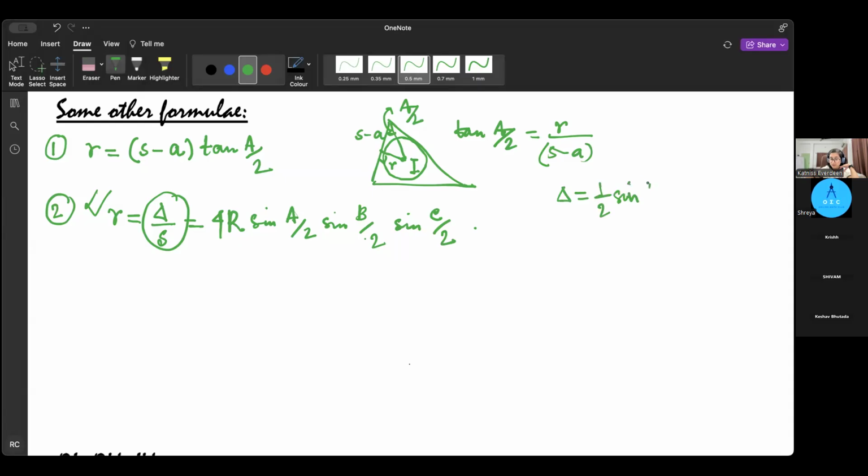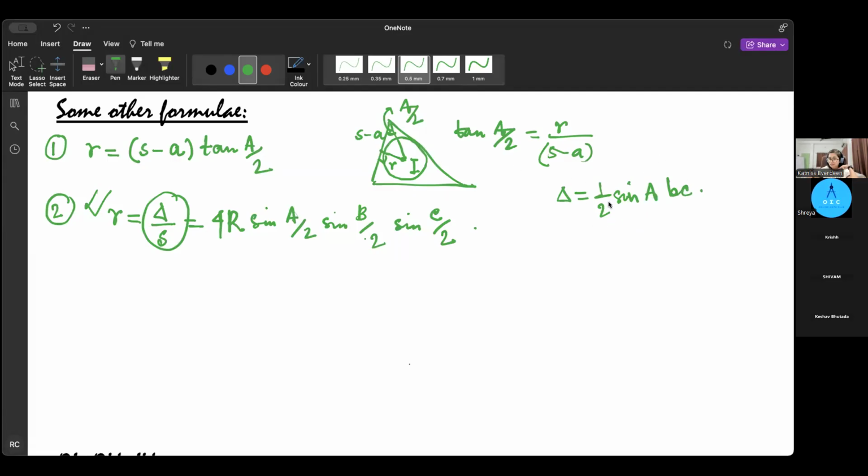Half BC sine A, yes, something like that. We try to substitute that and then break the sine B by 2 and C by 2 using the sum formula. That's a very good idea. Yes, and then we get sine of 180 minus A or something and you do stuff with that.